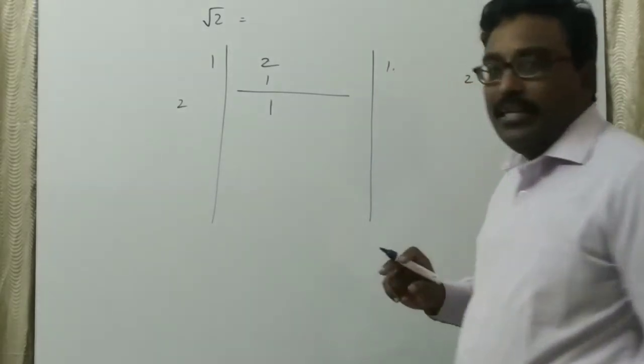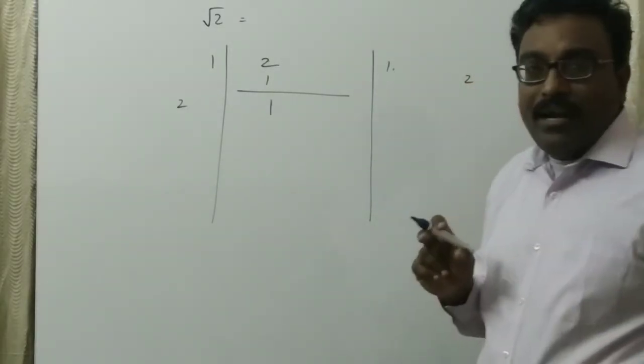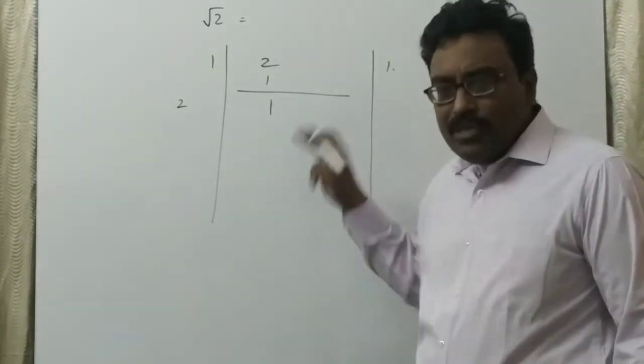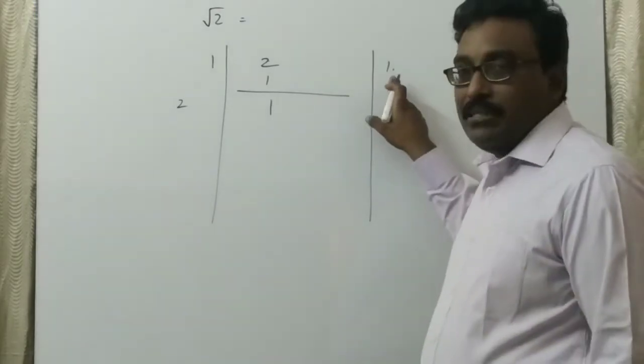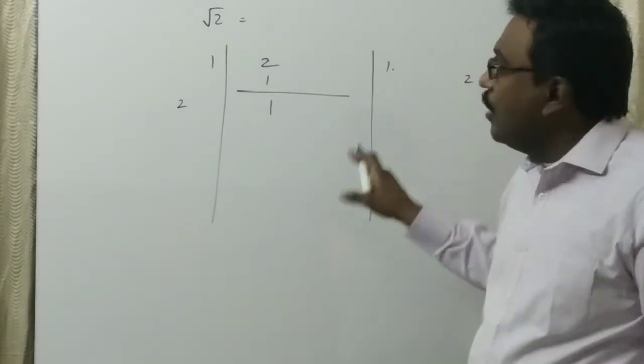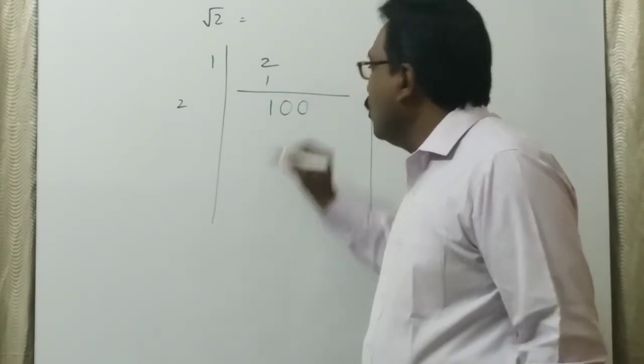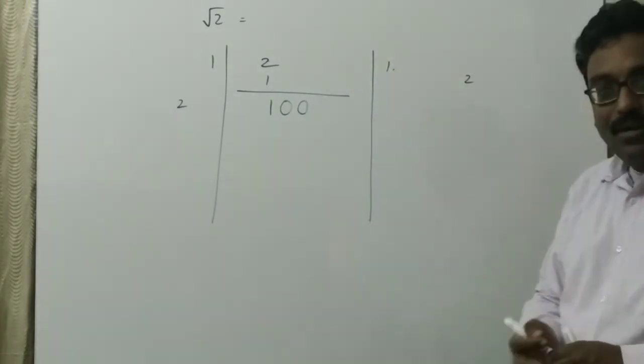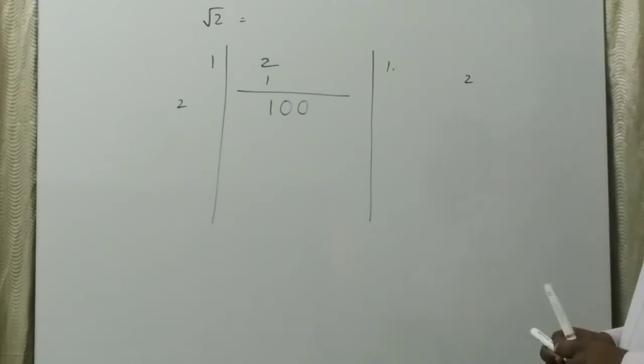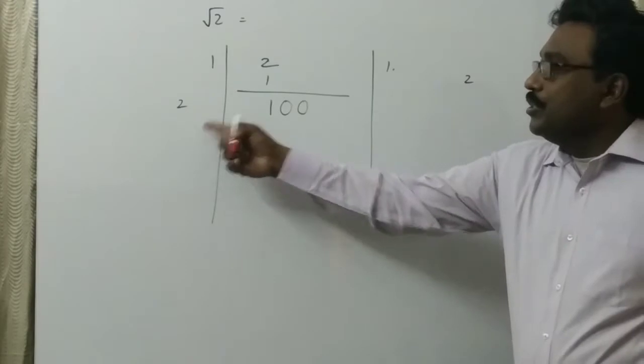I put a decimal, and keep it in mind, in normal division method, if you keep a decimal, you will get 1 zero. In long division method, if you keep a decimal, you will get 2 zeros. Okay. Now I am doing multiplication.